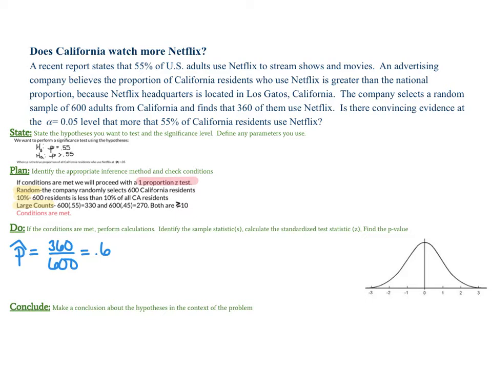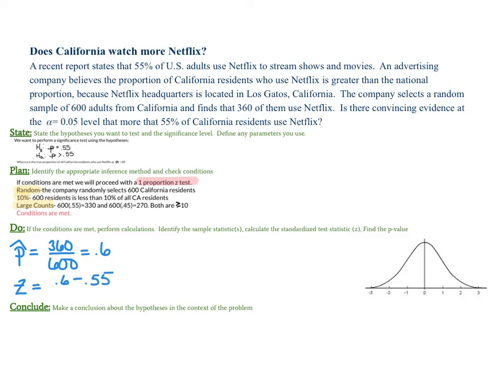So we've met our conditions and it's okay to proceed with a normal model. We've checked our large counts condition. So I'm going to find my test statistic, which, if I'm looking at a normal model, would be my z-score. So I'm going to do z is equal to, how far is this from my mean? I'm assuming the mean of 0.55 is the true mean.